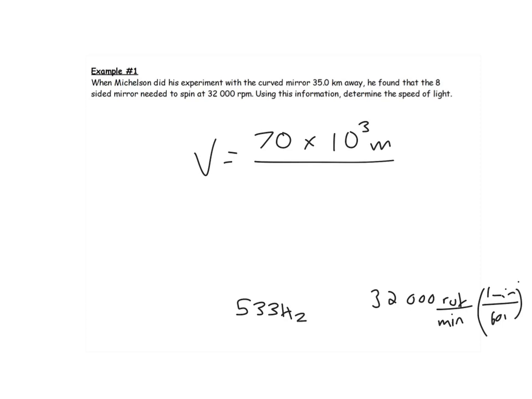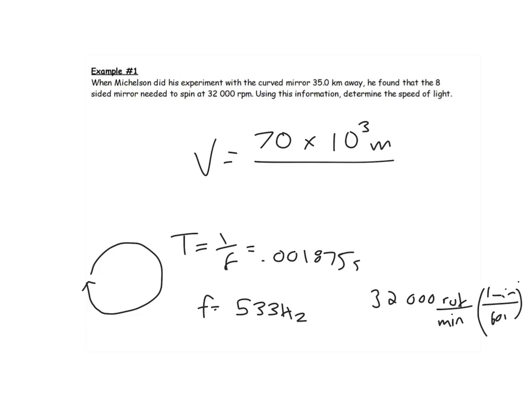Now what we want to know, though, is the amount of time for one complete revolution. This is frequency, and if you remember, the time for one complete revolution is called a period, which is 1 over the frequency. So 1 over that, 533 to the -1, so my period is 0.001875 seconds.